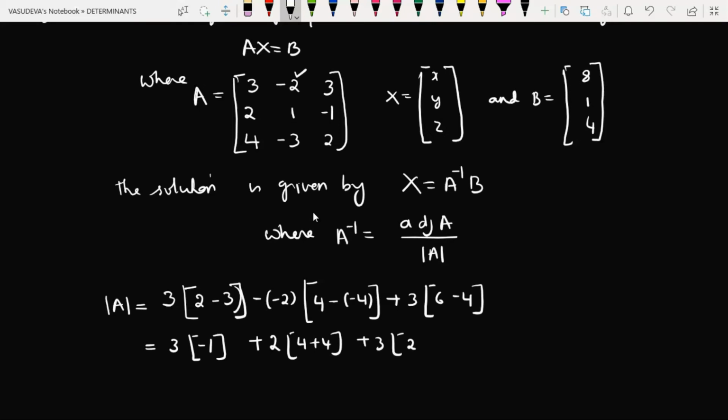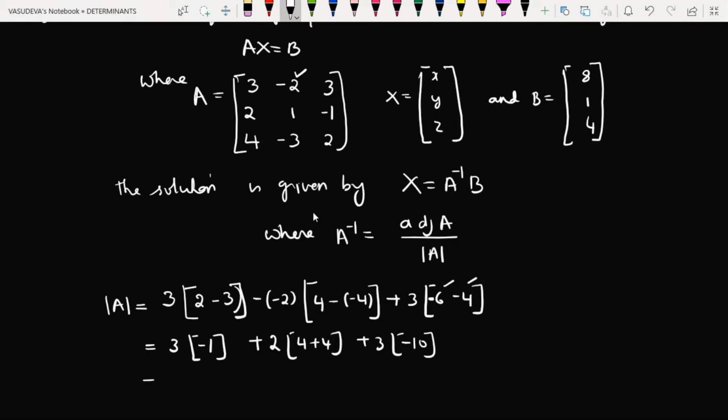So here actually this is 2 into minus 3, it is minus 6. So minus 6 minus 4 is minus 10 here.